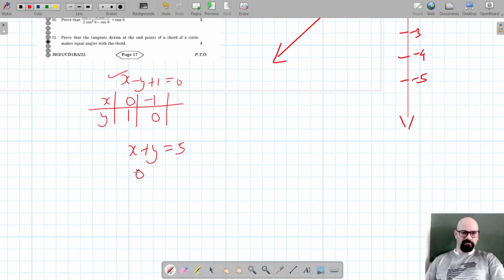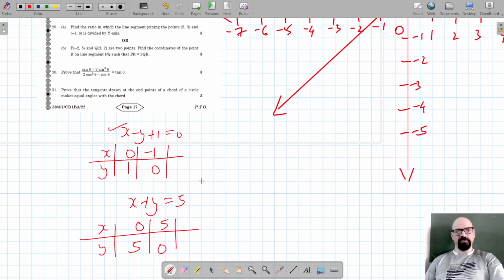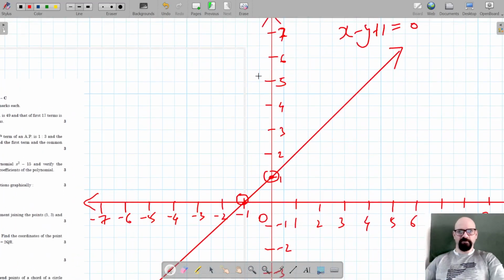If I put x is equal to 0, that gives me y is 5, and if I put y is equal to 0, that gives me x is 5. So I'm going to plot these two points: 0, 5 is here and 5, 0 is here. If I join these two points, this is the graph.